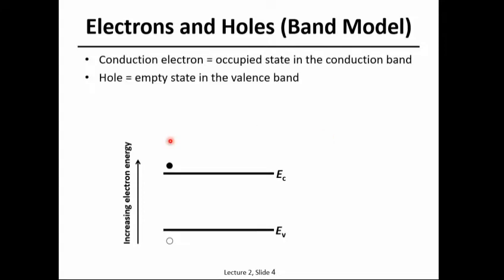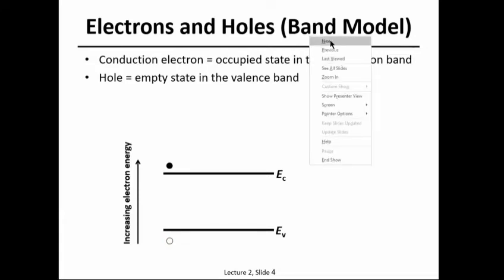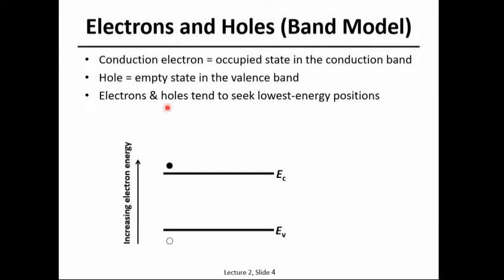And the hole is the same. We treat the hole as a positive charge, and this hole is sitting in the valence band at some state. So it's an empty state in the valence band. Electrons and holes tend to seek lowest energy positions.